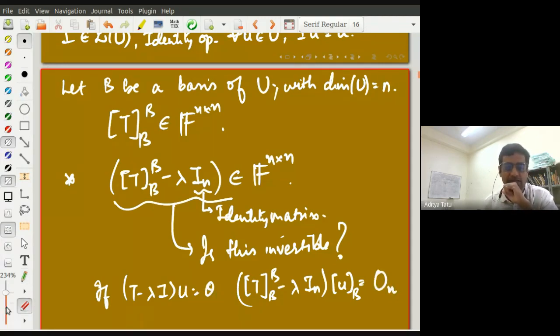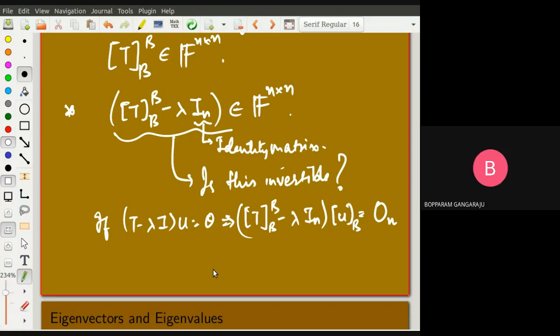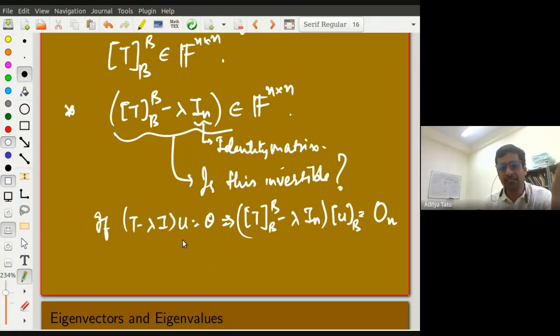Do you see why this must be true? Yes, sir. Okay, so representations have the same features. You cannot just arbitrarily have matrices.